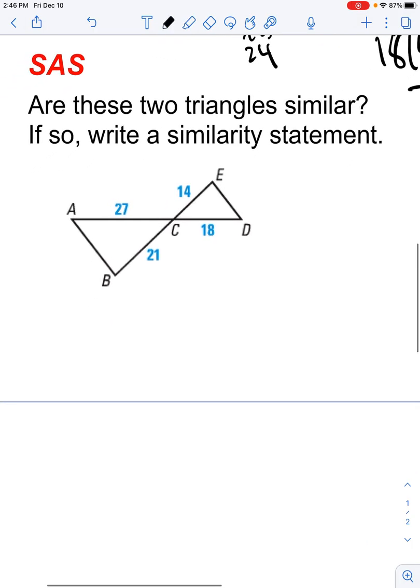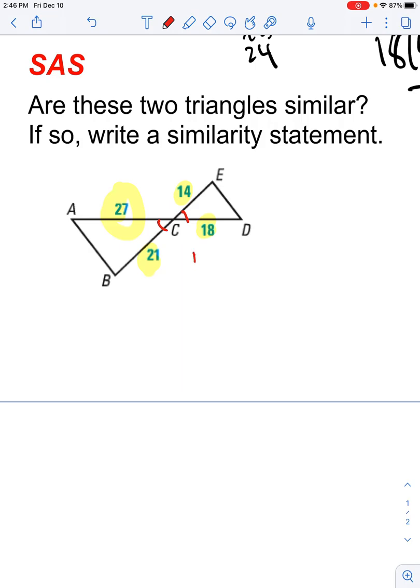All right, last but not least, are these two triangles similar? Well, let's see. Can we use side-angle-side? I have a vertical angle here and a vertical angle here. They're congruent. I need to determine whether these numbers are proportional with each other.